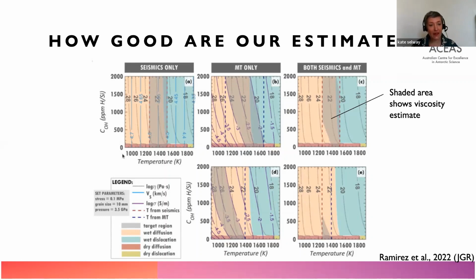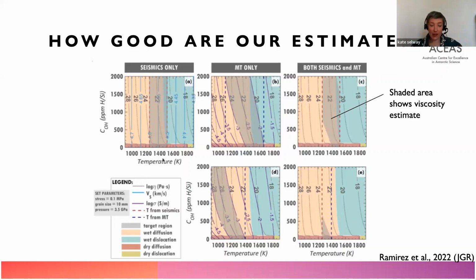The contours we have here: these blue vertical lines are seismic velocity. You can see they're vertical. They don't change with water content because the seismic velocity is not affected by the water content. Then we have these dashed grey lines, which are the viscosity.